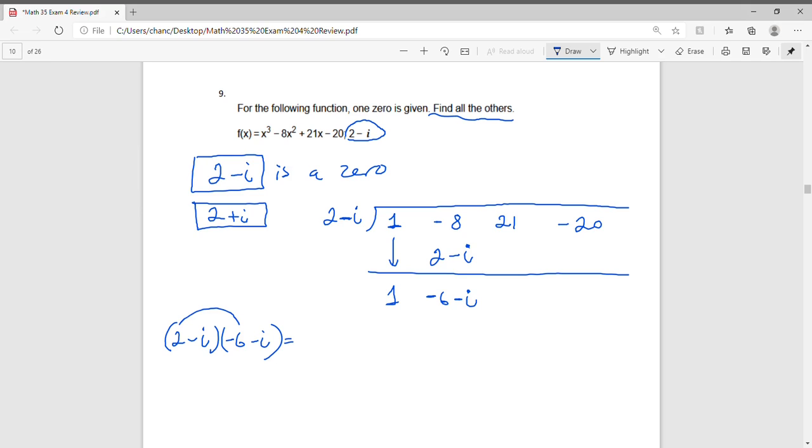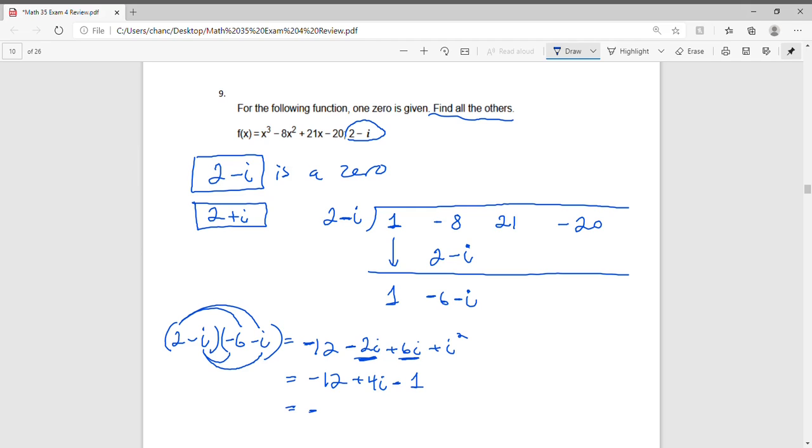This will simplify as negative 12 minus 2i plus 6i plus i squared. Negative 12, and the negative 2i plus 6i gives me 4i, and i squared, that's equivalent to negative 1.